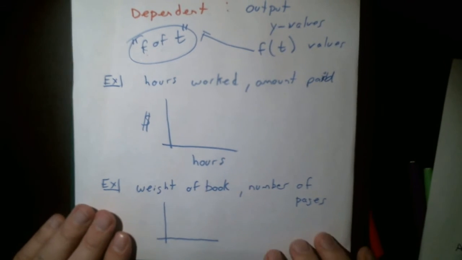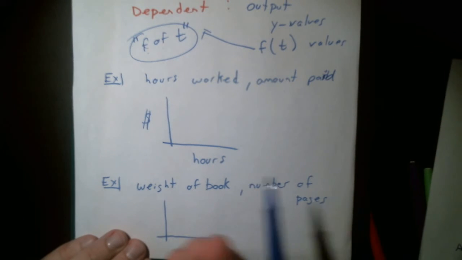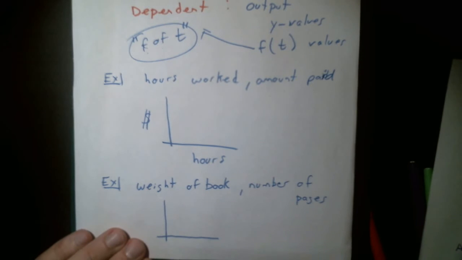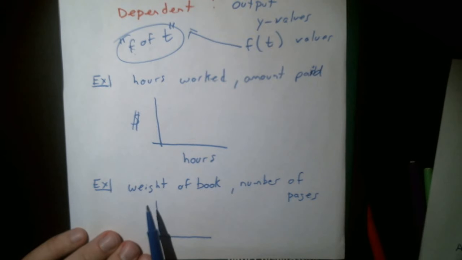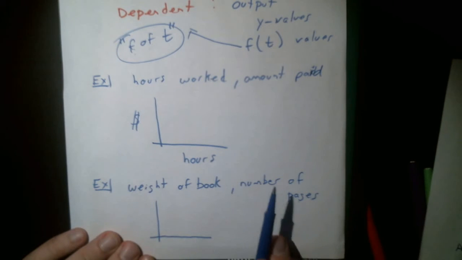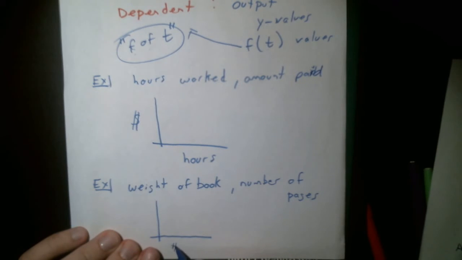You're going to get so good at this that you don't have to make graphs anymore, that you can kind of think about, well, what does depend? How does it depend? These are kind of easy. So what's the independent variable? Well, is it the weight of the book? I'm going to say no. What about the number of pages? So number of pages.